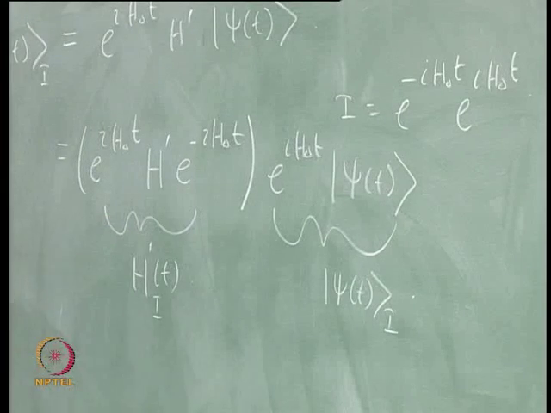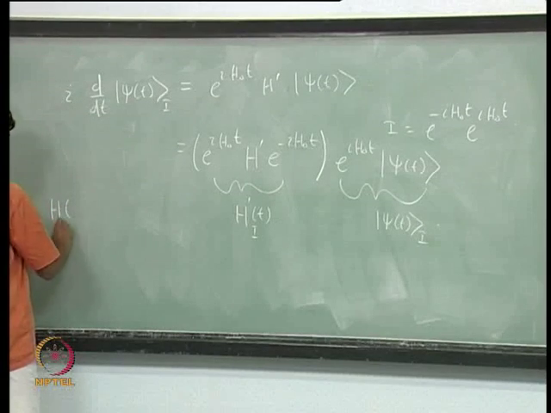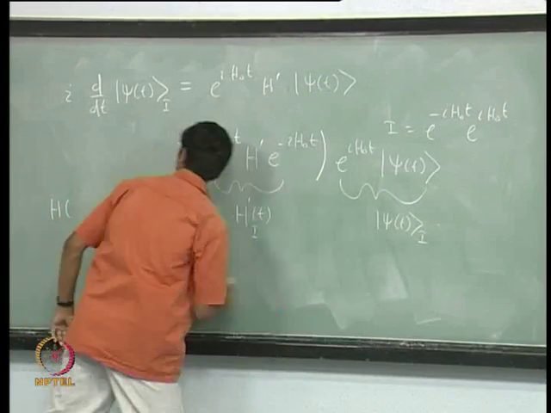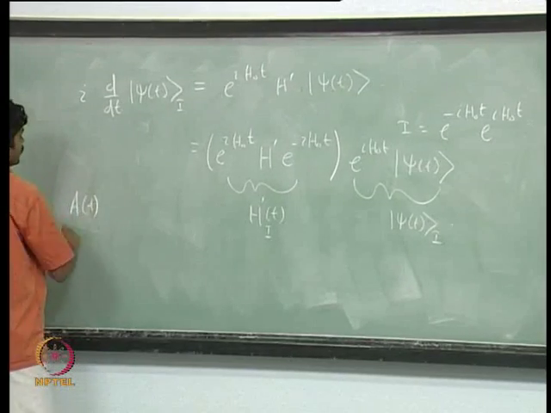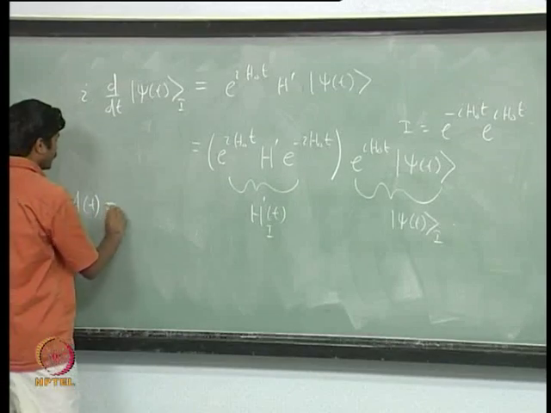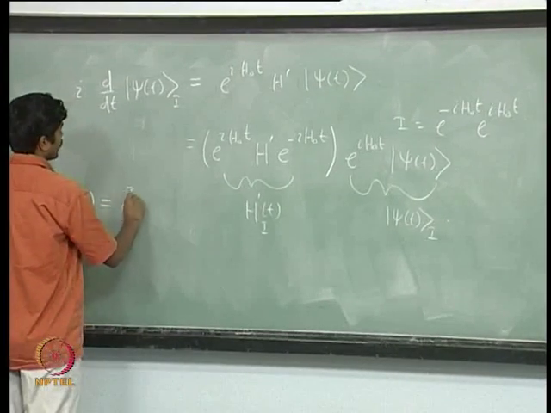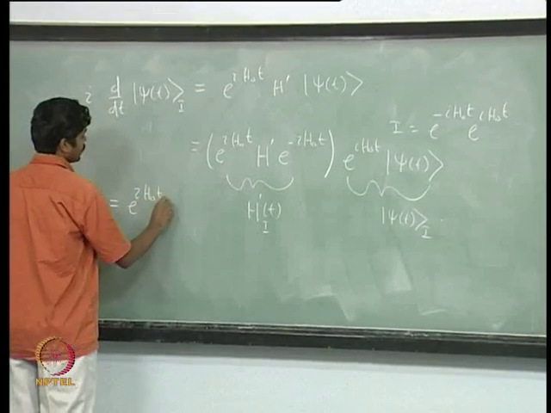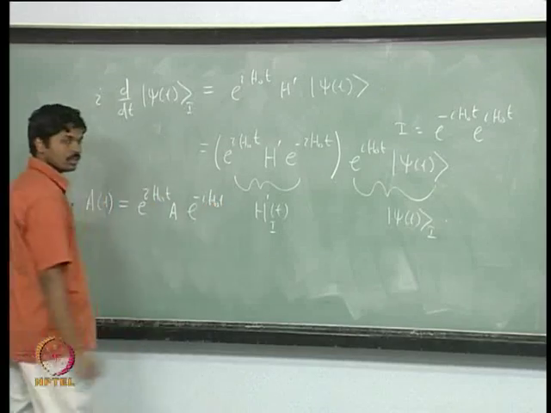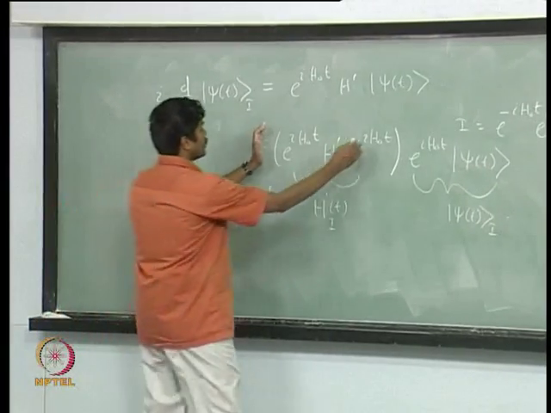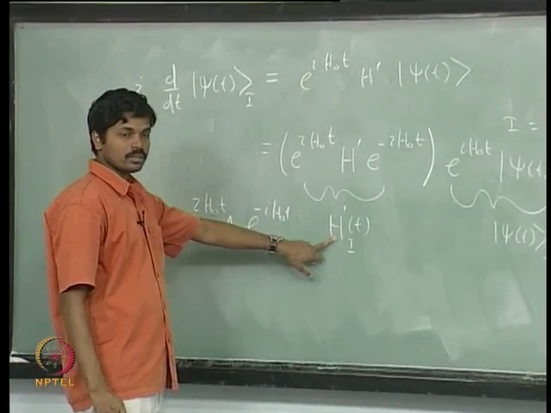because according to our definition, for any arbitrary operator A, the time dependence is governed by the free Hamiltonian. So, this is e to the power i H0 t A e to the power minus i H0 t. So, I will denote this to be the interacting Hamiltonian in the interaction picture.